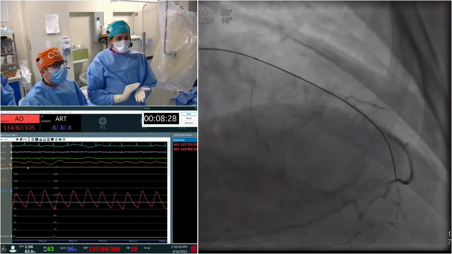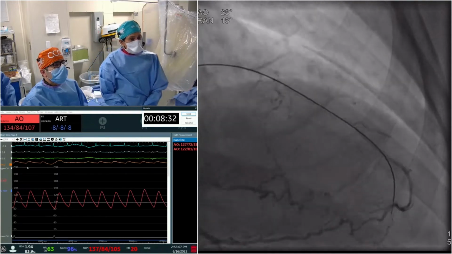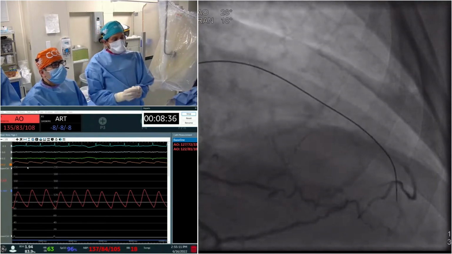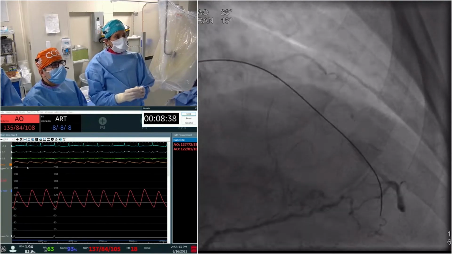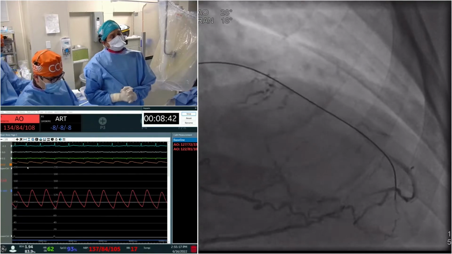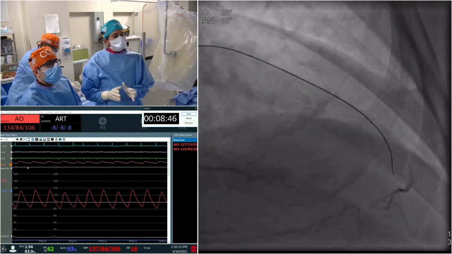It's very good. It's a polymer jacketed wire. The tip is a spring coil with a hydrophilic coating and tapered. What's great about this new generation of CTO wires is that many of them are tapered.